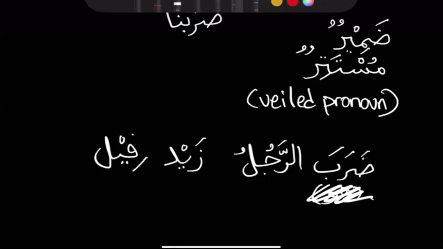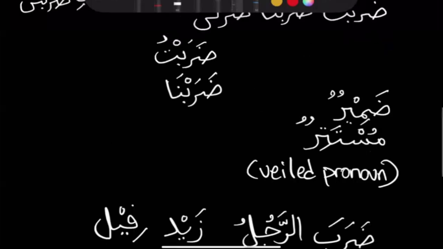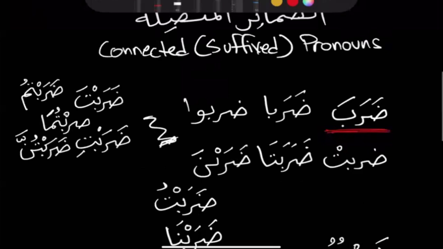So that's why there's not an actual pronounced pronoun that means huwa for the past tense verb. It is so that we can have a way to make a noun fill the space. So, daraba, we say the taqdir is huwa.